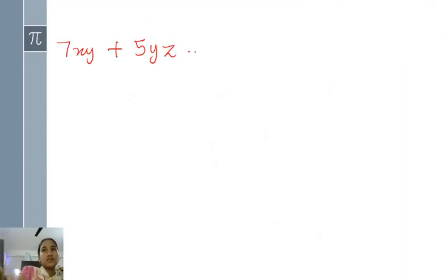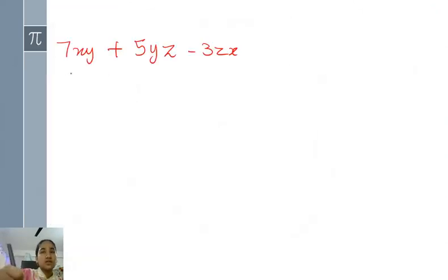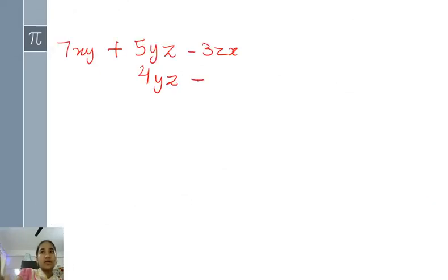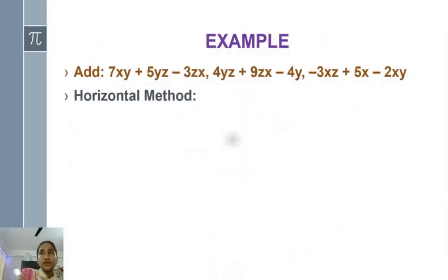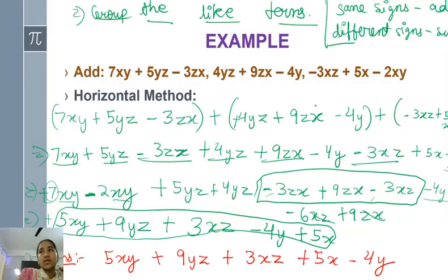Minus 3zx, plus 4yz, plus 9zx, minus 4y, plus minus 3xz plus 5x minus 2xy.